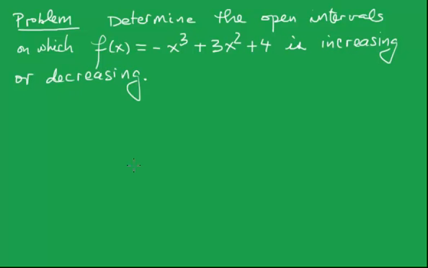I really would like for you to go through all the steps that I've explained earlier: find the critical values, make a sign chart, and use the test points to determine the sign on the sign chart.